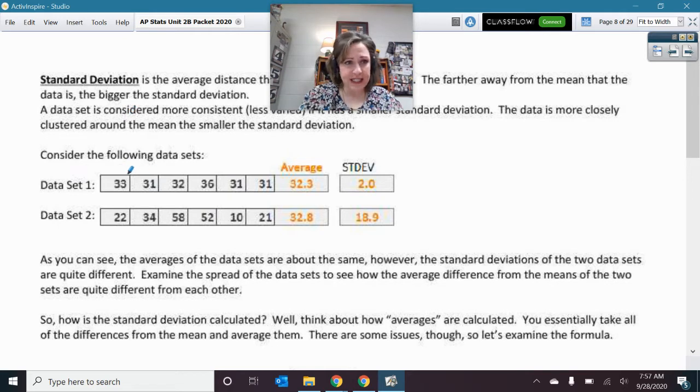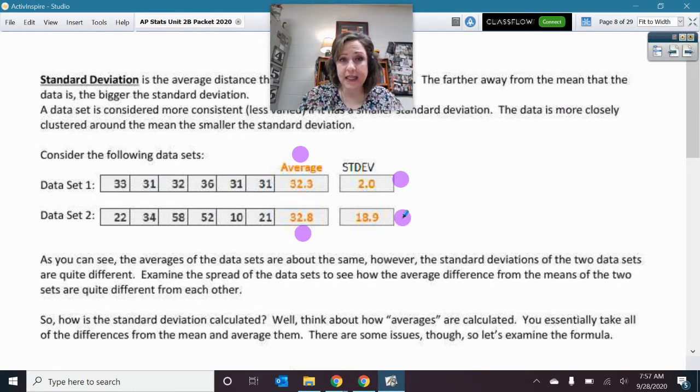Now, FYI, I'll take you through some actual numbers since you're not having the class data. So consider these data sets here. Now look at their averages. So these numbers 33, 31, 32, 36, 31, 31 average out to be 32.3. Look at these numbers here, 22, 34, 58, 52, 10, and 21, have the same average. Okay? But look at the difference in their standard deviation.